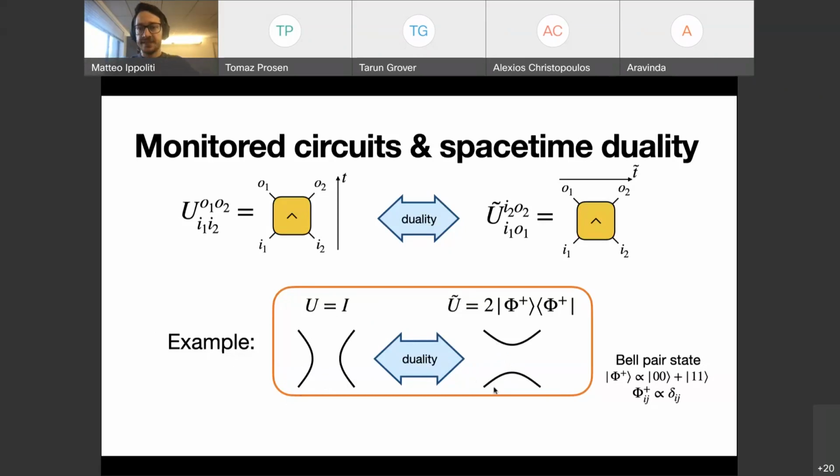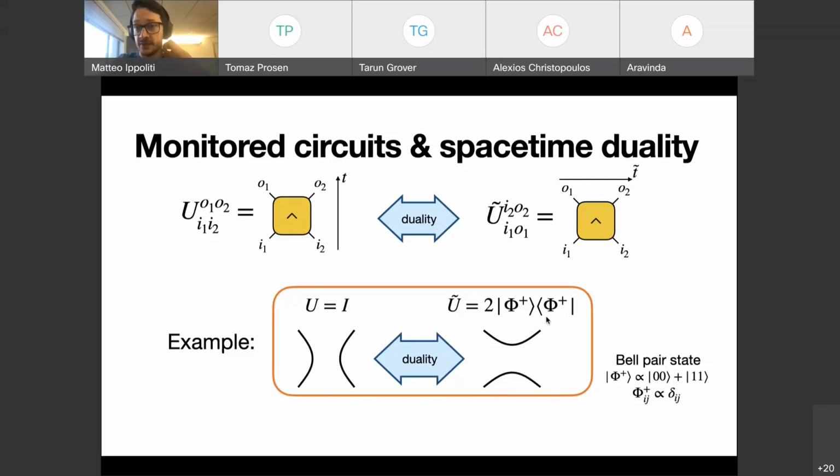On the right-hand side here, this line is forcing our 2 input qubits to be in the same state, but it's not telling us which one that should be. So this amounts to projecting onto this particular Bell pair state, up, up plus down, down. You don't care which state the 2 input qubits have, except that they have to be the same, right?